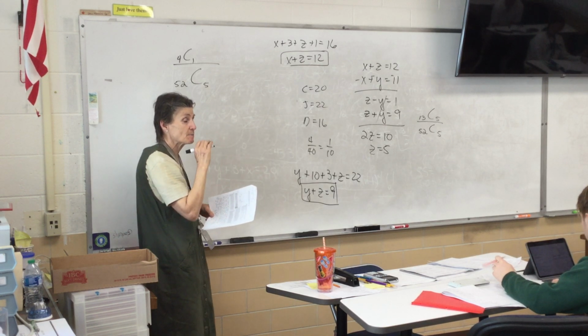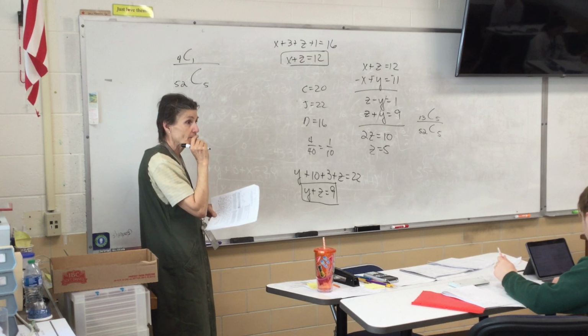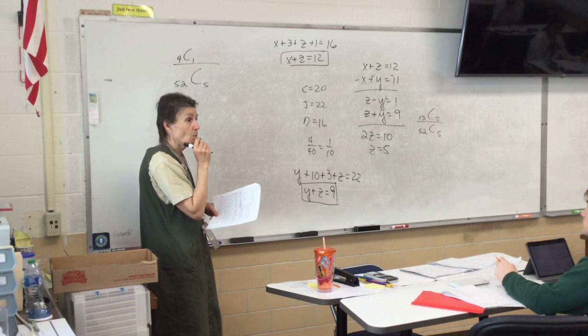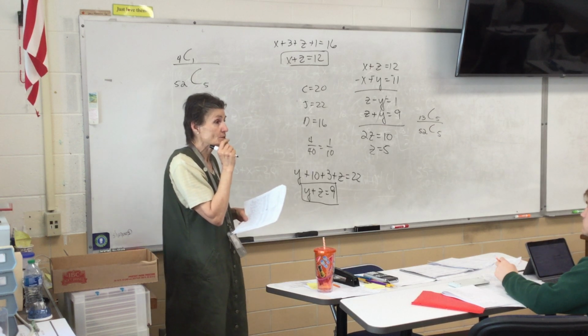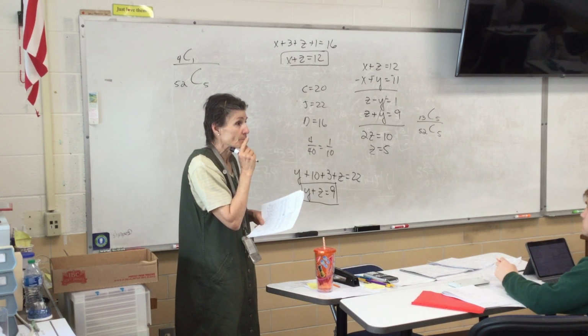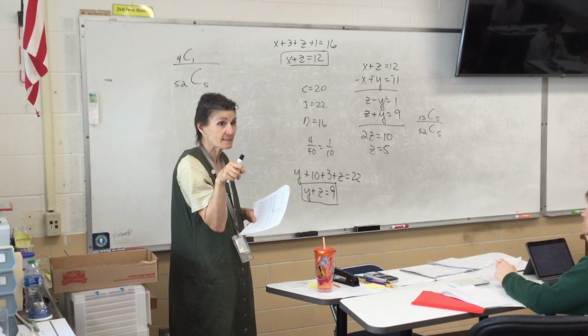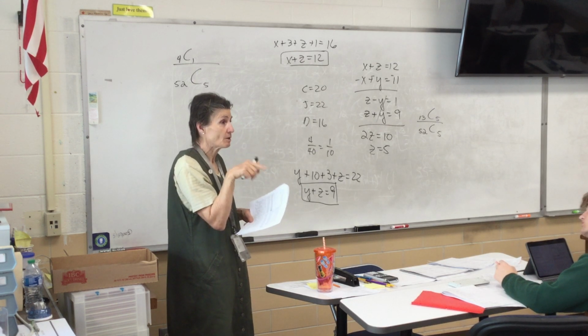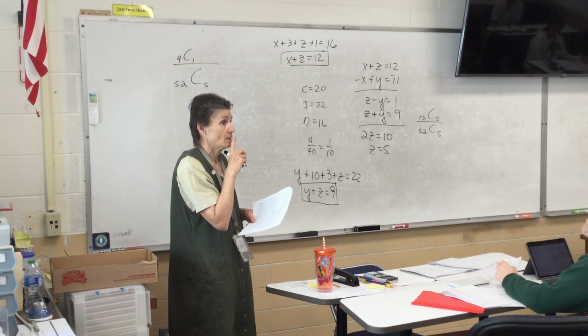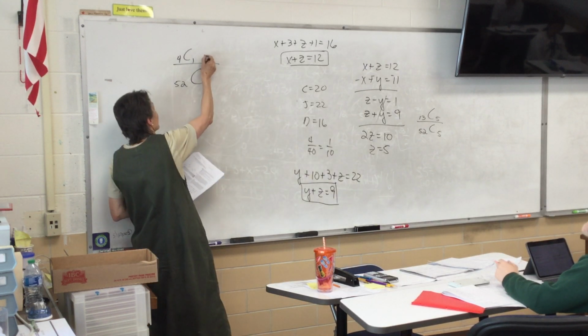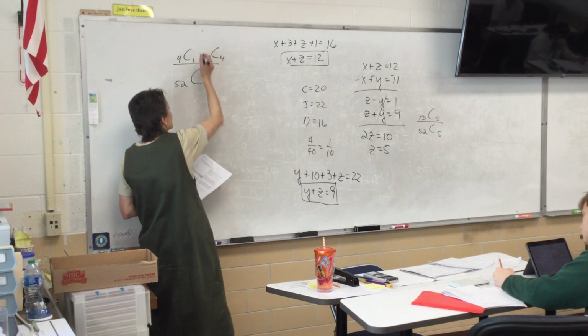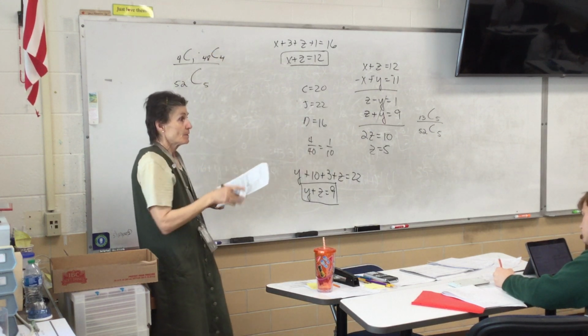How many cards am I supposed to have in my hand? 5. How many do I have right now? 1. Where are the other 4 cards coming from? They're coming from the cards that aren't aces. How many cards in the deck are not aces? 48. And you have to get 4 of those. Does that make sense to everybody?